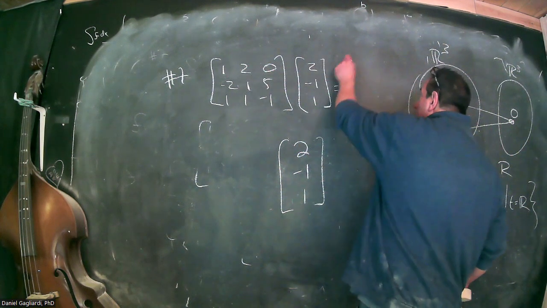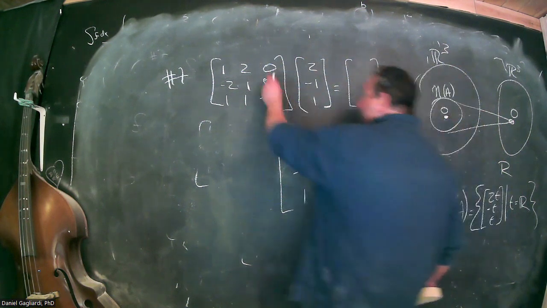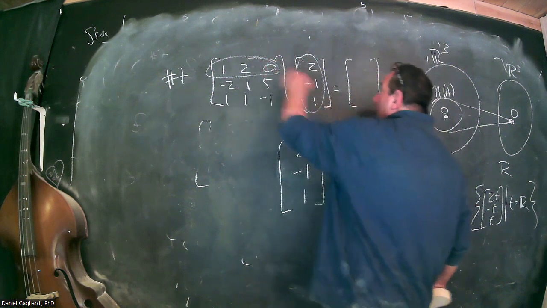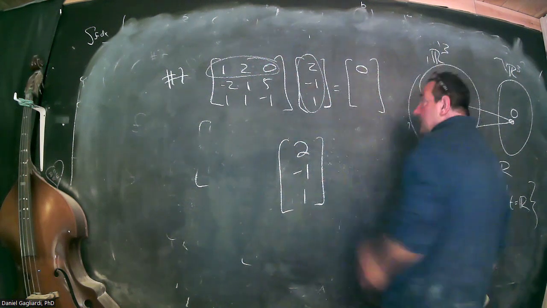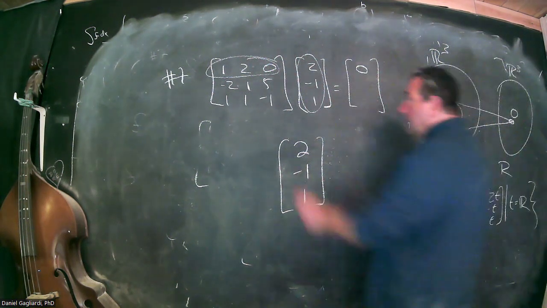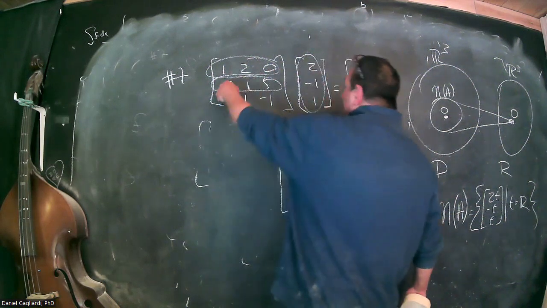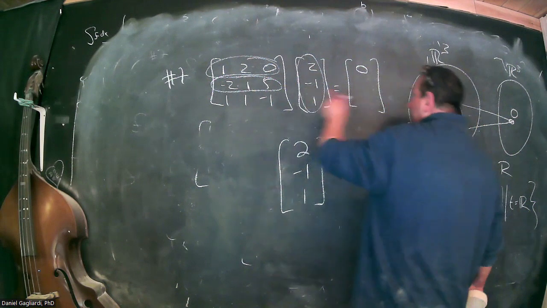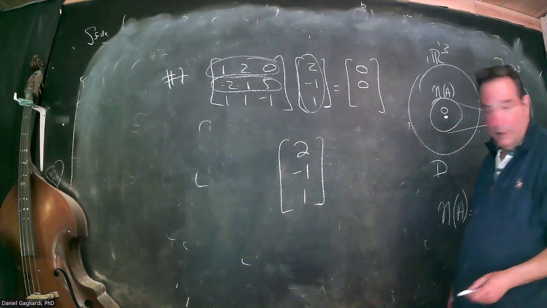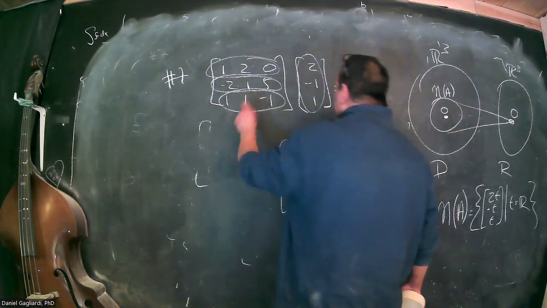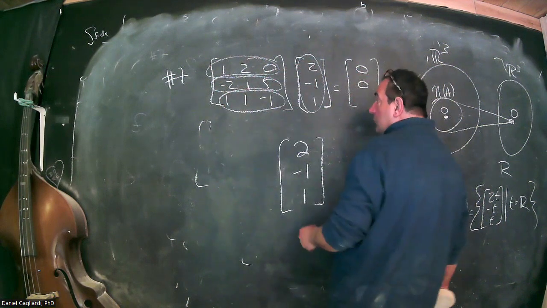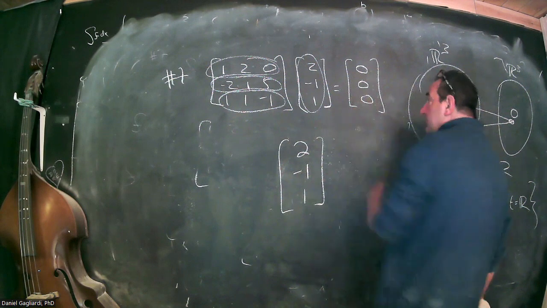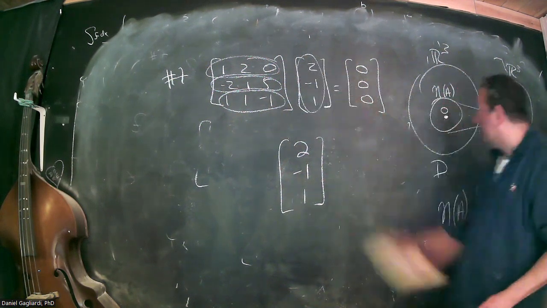And let's do the dot product thing, as I fondly say. So if we do the dot product thing, we have 2 minus 2 plus 0 is indeed equal to 0, right? Then we have negative 4 minus 1, that's negative 5, plus 5 is equal to 0. And then finally we have, let's see, 1 times 2 is 2, minus 1 is 1, minus another 1 is 0. You see, so this is a non-trivial vector.